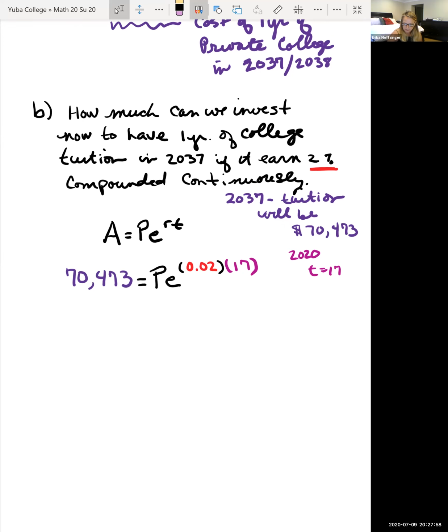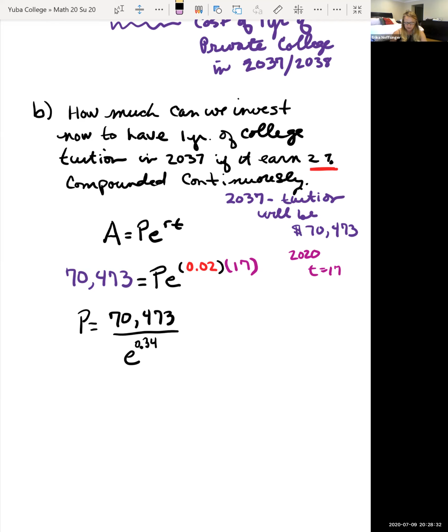So if we divide both sides by e raised to the 0.02 times 17, we would get P is equal to 70,473 all over e. Let me just multiply that out. Well, 2 times 17 is 34. Let me just figure out how many places I need to move the decimal. We needed to move it over twice, so 1, 2.